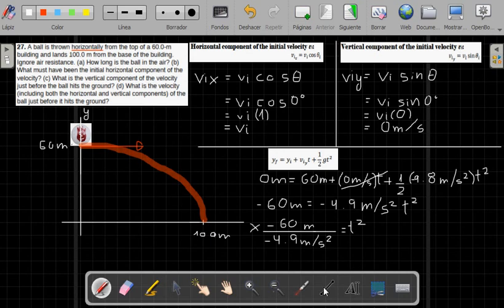By the way, I'm going to draw a little line here so we don't confuse the x of the x-axis as part of our exercise.